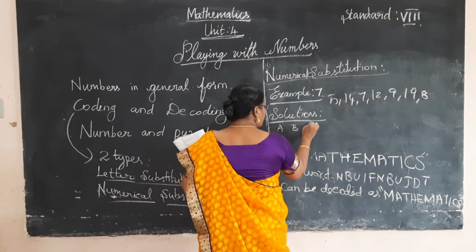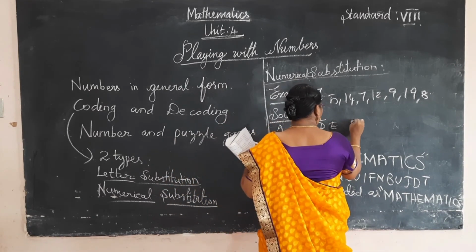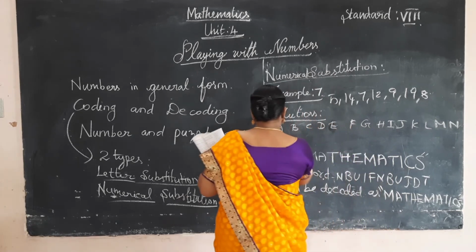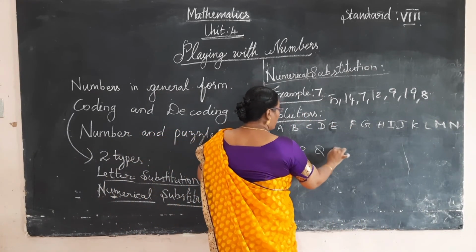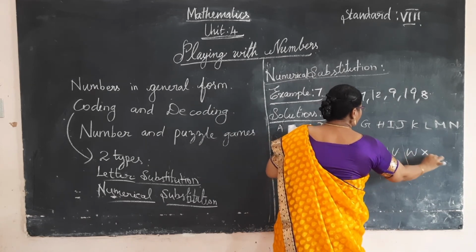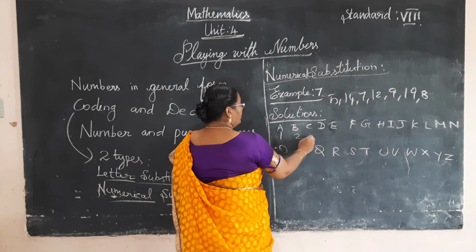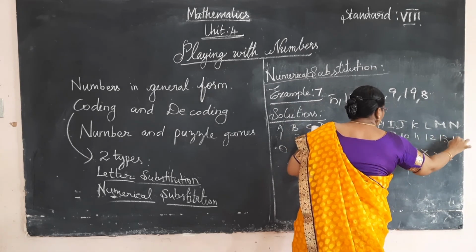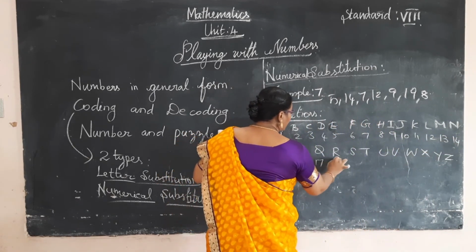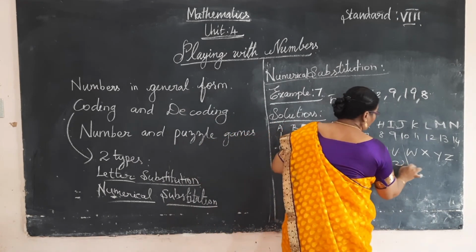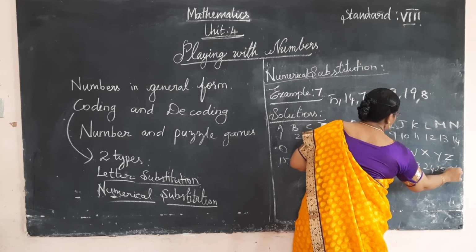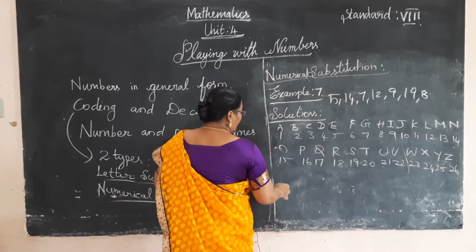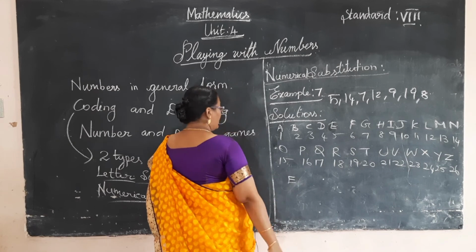So A, B, C, D, E, F, G, H, I, J, K, L, M, N, O, P, Q, R, S, T, U, V, W, X, Y, Z. Then number them 1, 2, 3, up to 26. Now the code is 5. 5 represents E, the fifth letter.